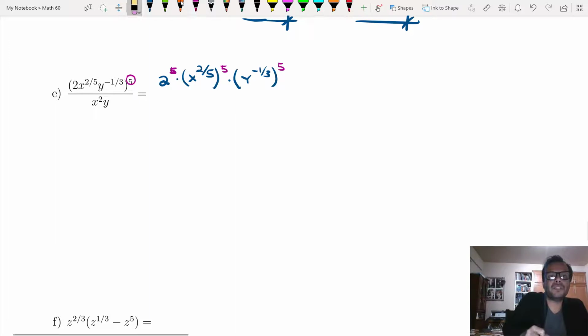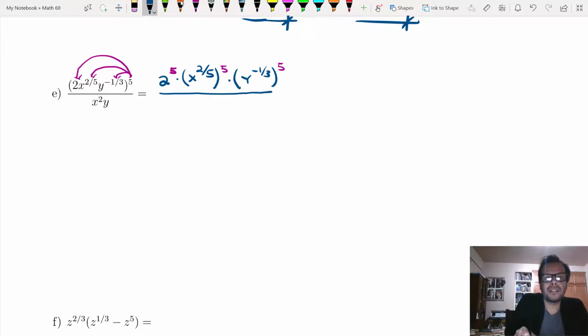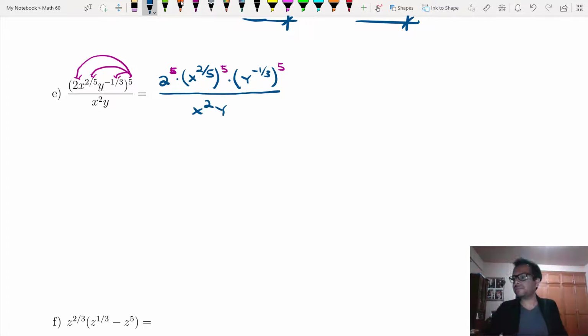So what am I doing essentially? I'm distributing the power to every single factor, all right? The denominator of this will remain the same, x squared y, right?